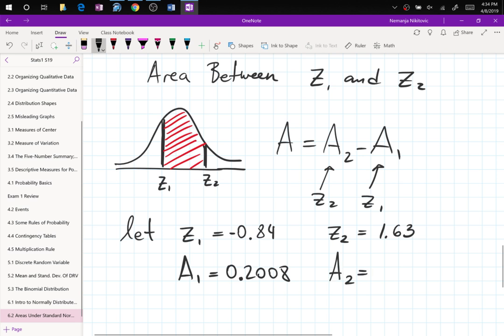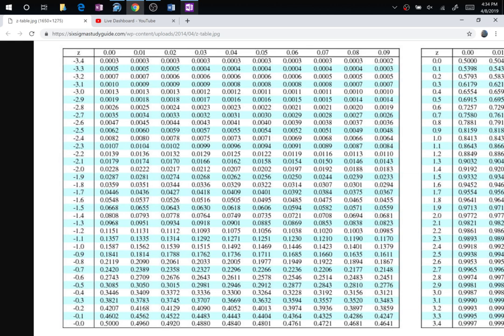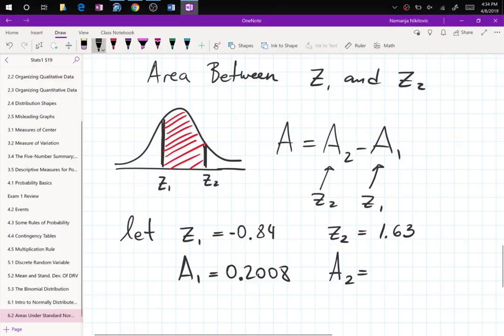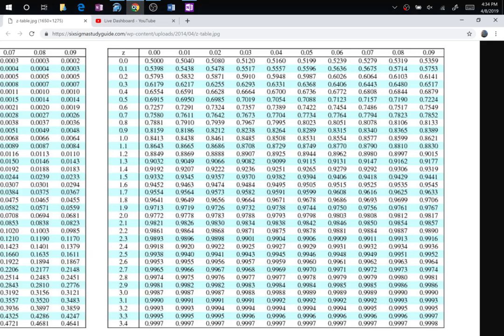And area 2, which is on the right, we have to move the chart to the right. 1.63, which gives 0.9484.